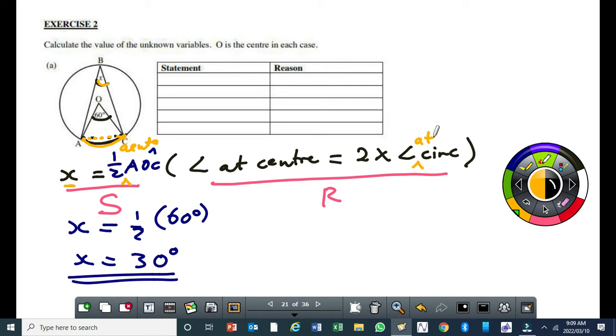So we have our statement, then our reason. So x is going to be half times 60 degrees, which gives you 30 degrees. So that's how you apply. This is a simple case of application of theorem 2.